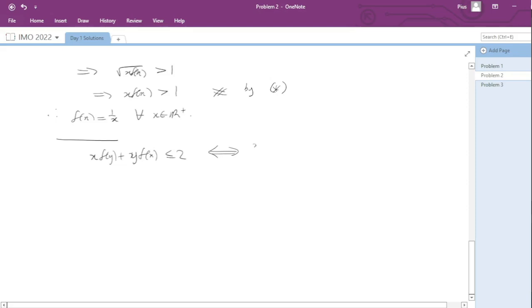So we have this inequality. Now we're assuming f of x is 1 over x, so we get this regular inequality, which we can actually solve based on AM-GM, but we can just expand this outwards, take the LCM, cross multiply, and then we can collect terms and factorize.